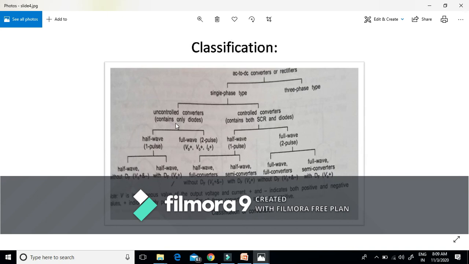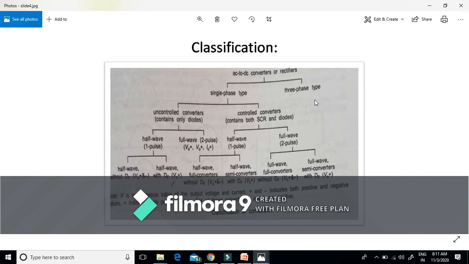Controlled rectifiers are divided into half wave or full wave, or we can say one pulse or two pulse, depending upon whether we are obtaining one pulse or two pulses per cycle. This represents the overall classification of converters. For single phase as well as three phase, they are divided into uncontrolled and controlled.